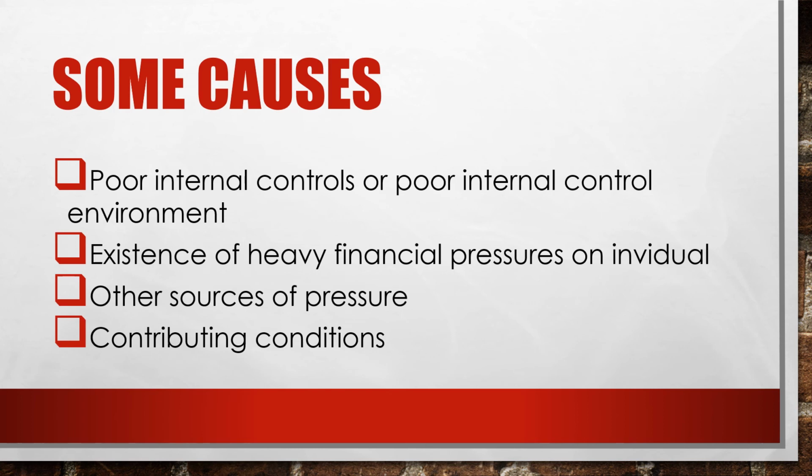This could be unreasonable profit goals for the company or for a division or subsidiary. And then high rate of management, personnel turnover, or the management operating and financial decisions dominated by a very aggressive individual. The company is also part of a declining industry. So for example, your top management keeps pressuring the employees to strive better.